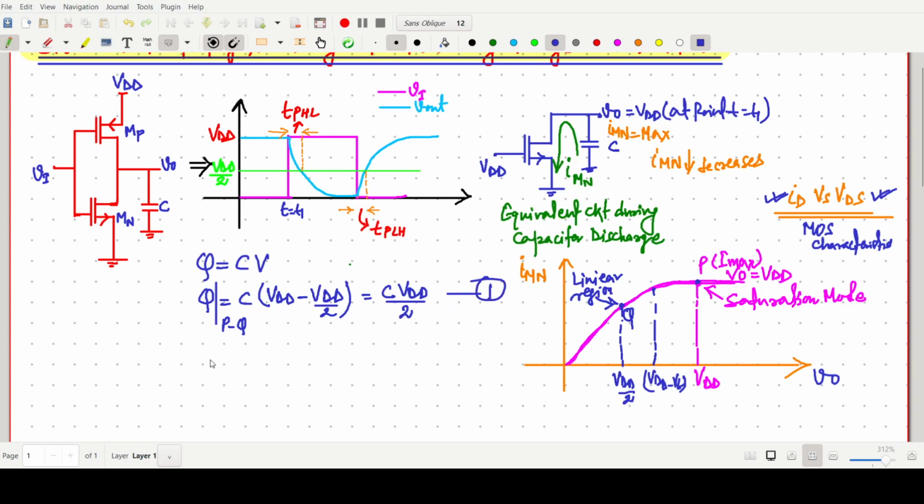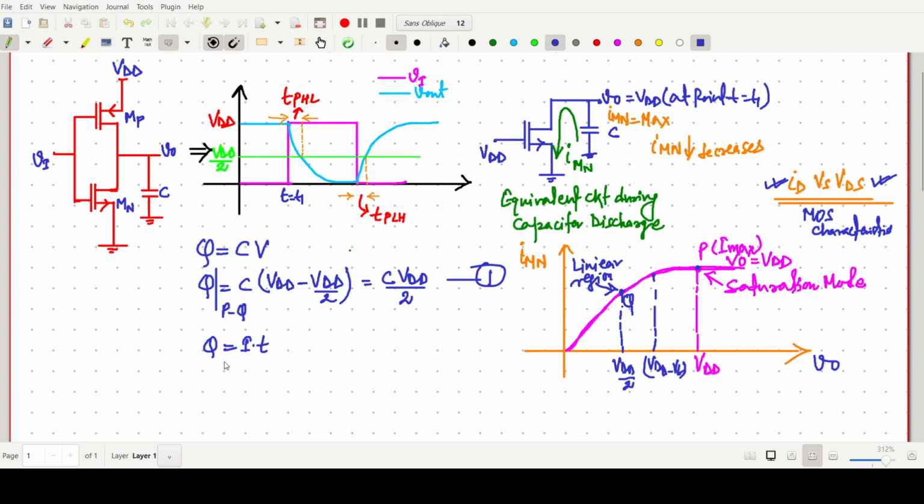Now next, one more important formula: Q equals I T. During that time, how much time will it take from this point to this point? That is our tau PHL.